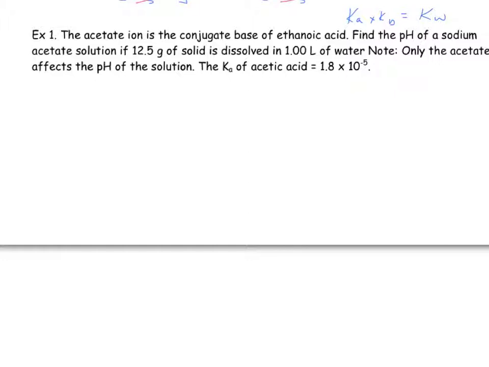Now there is no acetate Kb found on the Kb tables in the back of your textbook. That's because we can use the Ka value of acetic acid and the Ka times Kb equals Kw relationship in order to find the Kb of acetate.